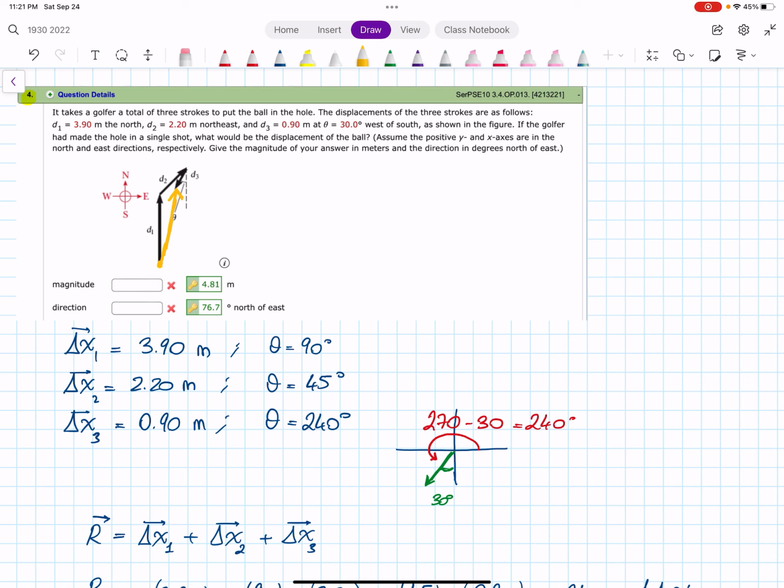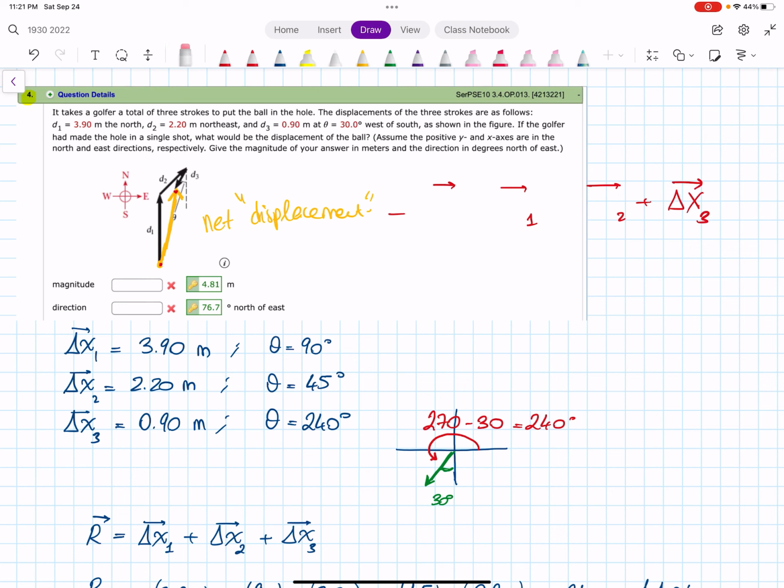Basically, this is the net displacement, the displacement of the ball, the distance from the starting point to the final point. But in vectors, we say this is the resultant vector R, which is a summation of the first displacement vector, second displacement vector, and the third displacement vector.